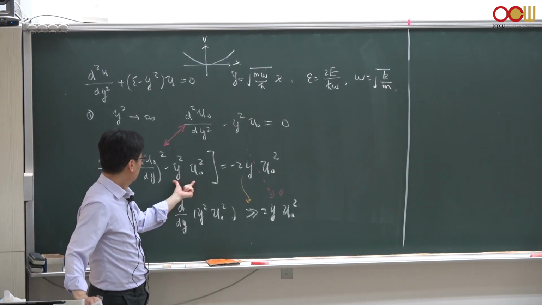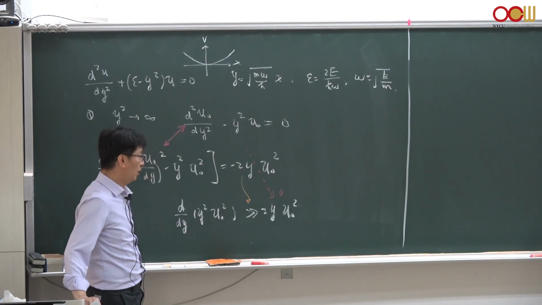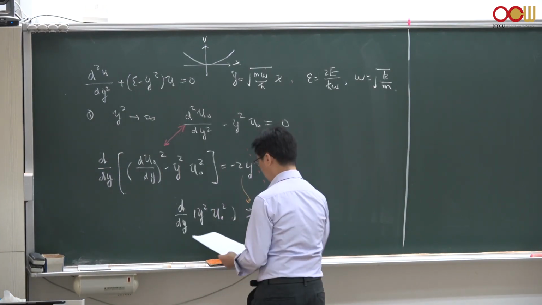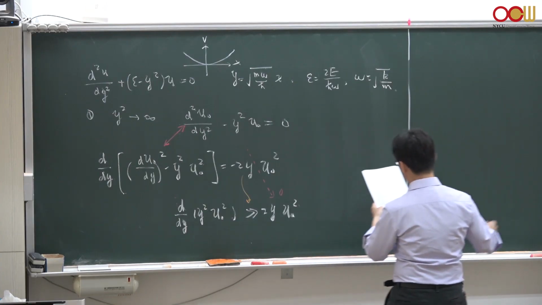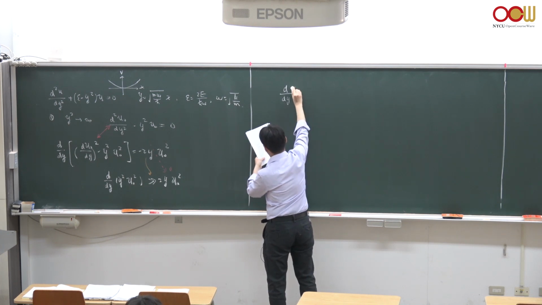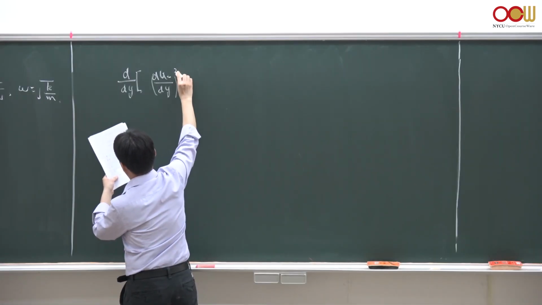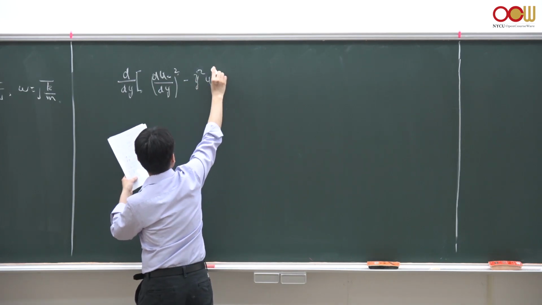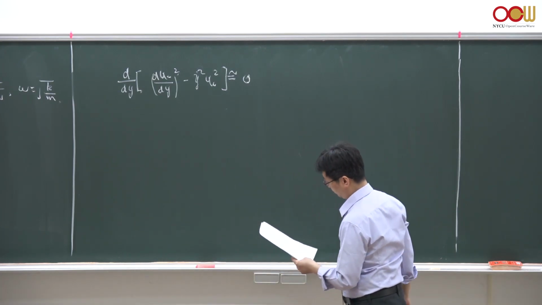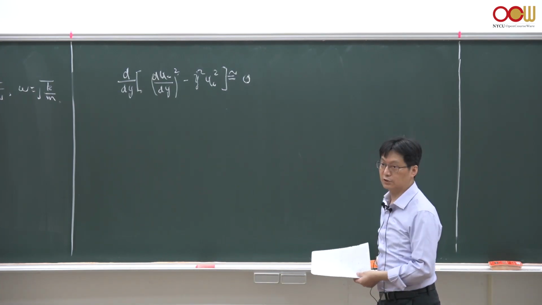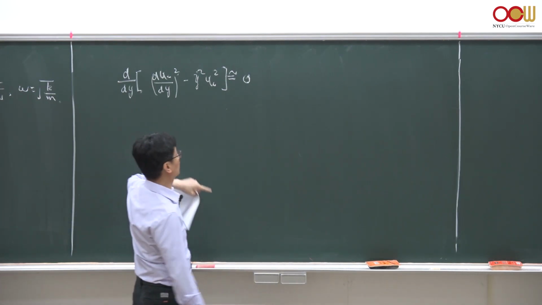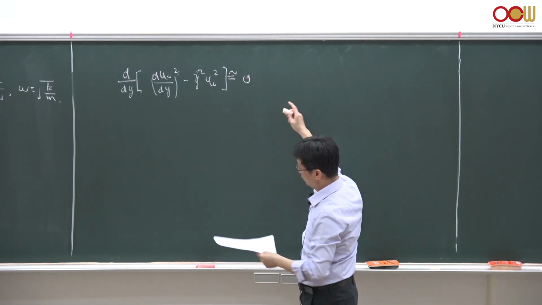When this term dominates over the right-hand side of the equation, I can simply ignore the right-hand side, and so the full differential equation becomes very easy to solve, which is the total derivative of a function minus y squared u0 squared, which is approximately given by 0. So you could very easily solve this differential equation because this is the total derivative of some function, and if you integrate over this equation on both sides, you get a solution.